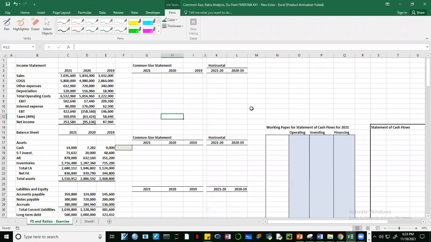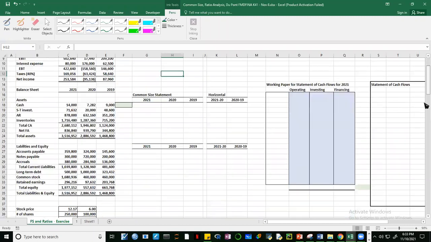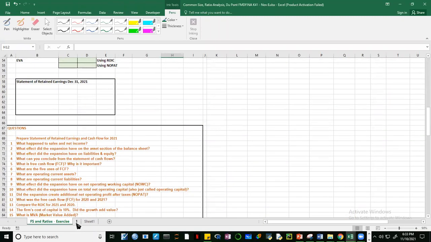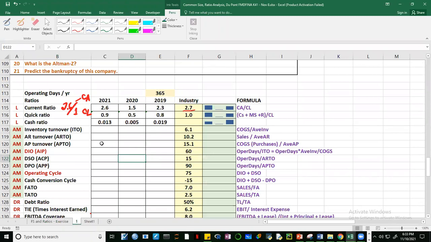Okay, let's compute for that, guys. The inventory turnover is computed using cost of goods sold divided by average inventory. Now, sometimes you'll see formulas like this: cost of goods sold divided by inventory beginning.